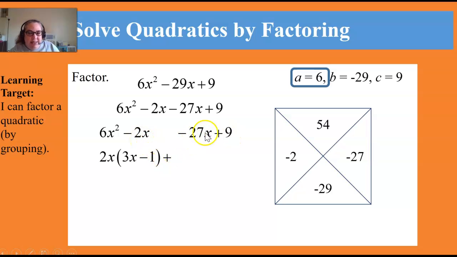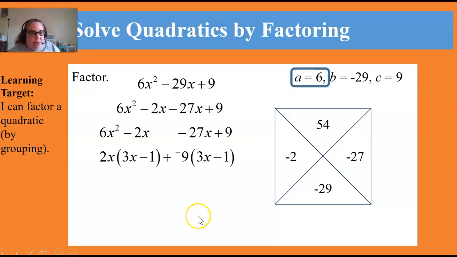As we look at the second 2 terms, I notice that the third term is negative, so I want to factor out a negative. I'm going to factor out the greatest common factor, which would be negative 9. When we factor out the negative 9, we get 3x minus 1. As discussed in earlier lessons, this is a great double check point because you should have 2 identical binomials as a factor.